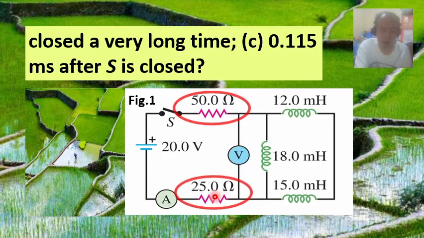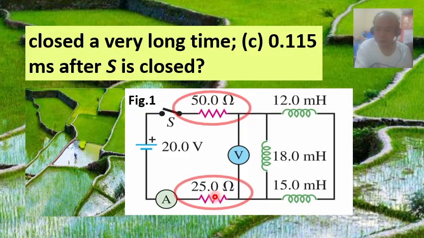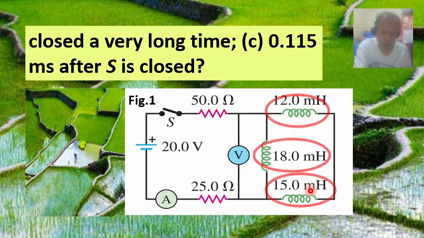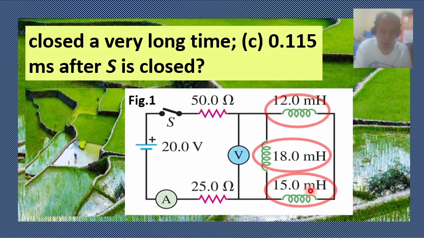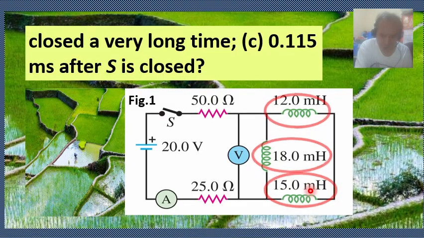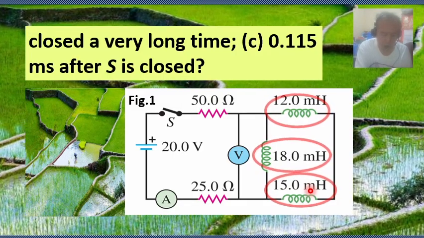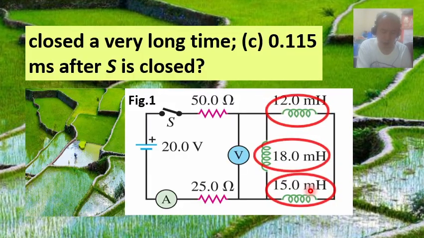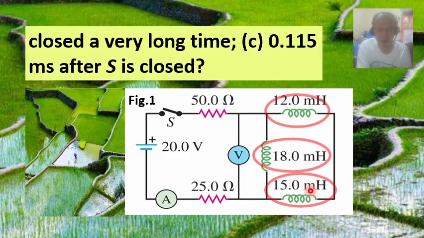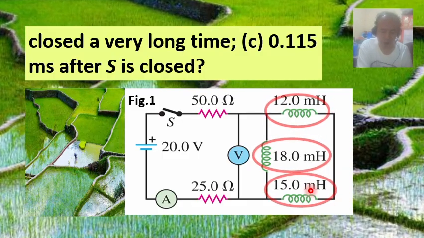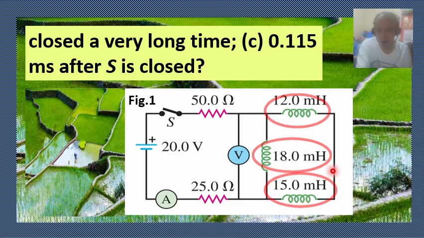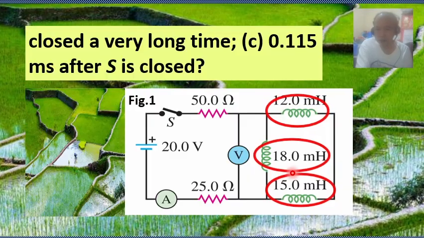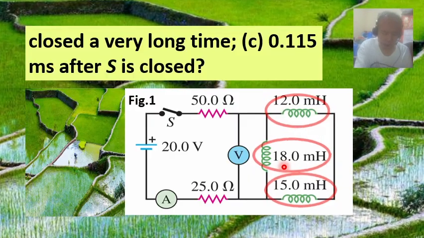Now, three inductors are connected as shown in this diagram. The 12.0 and 15.0 millihenry inductors are connected in series, and their combination is connected parallel to the 18.0 millihenry inductor.